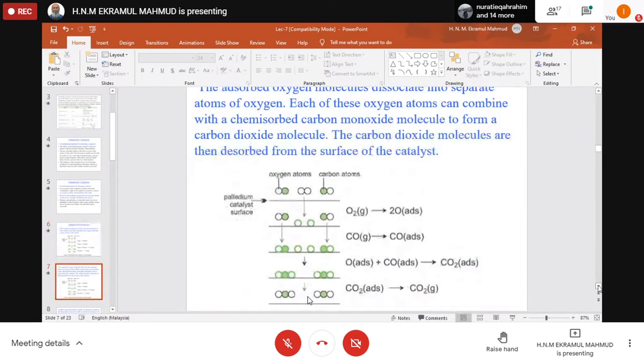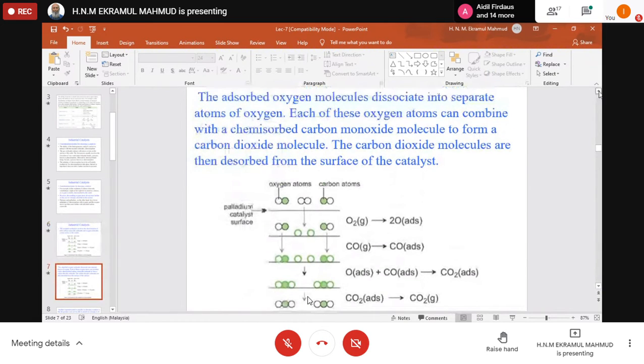The same thing we have just discussed. So each of these oxygen atoms can combine with the chemisorbed carbon monoxide molecule to form a carbon dioxide molecule, and these carbon dioxide molecules are then desorbed from the surface of the catalyst, making room for other catalytic reactions to occur.